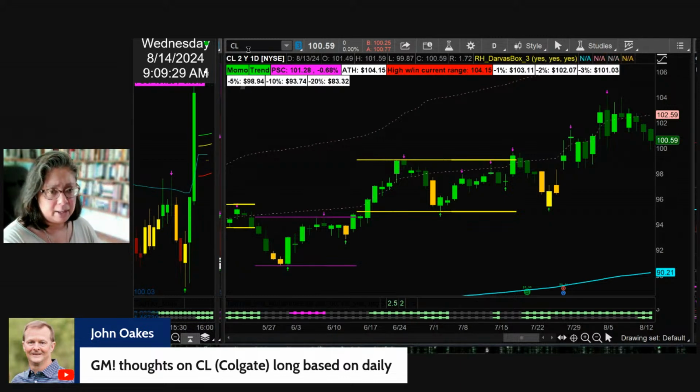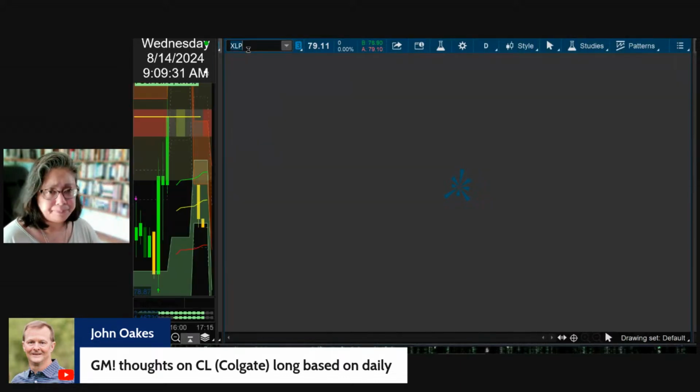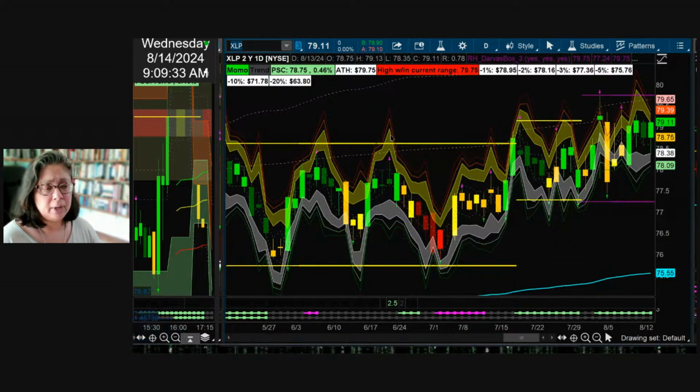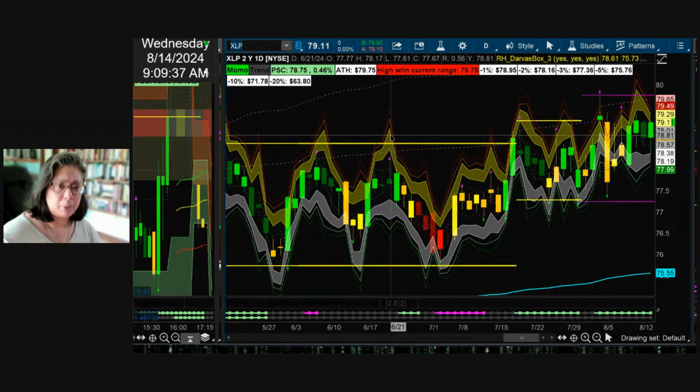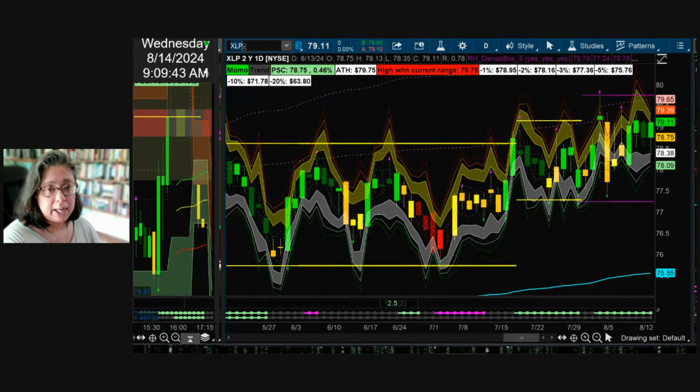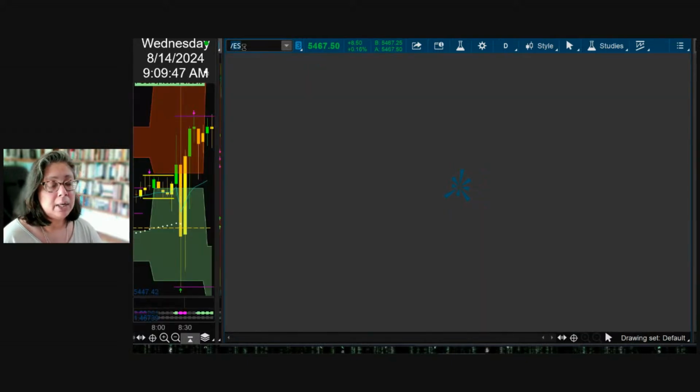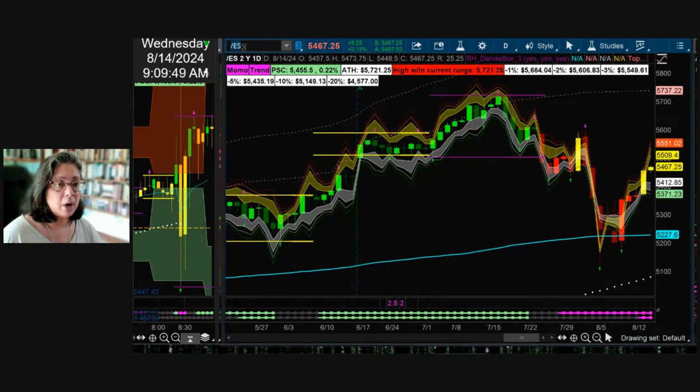Now, the other thing to consider is what's happening with staples. I still have a long staples position, but we're looking to wrap that up, because the more we see a recovery in the broader averages, S&P, NASDAQ, Dow, Russell, the less staples are needed, the less they'll be desired. Remember, staples are defensive, as is XLRE, as is XLU. They're defensive sectors.